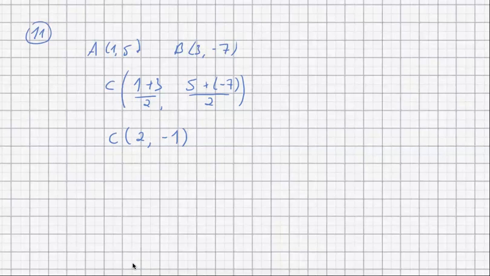מצא את משוואת הישר העובר דרך ראשית הצירים ודרך נקודה C. Can I define the משוואת הישר? In order to find משוואת ישר, what do we need?